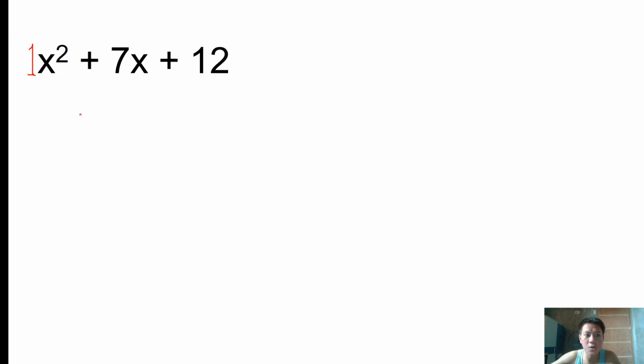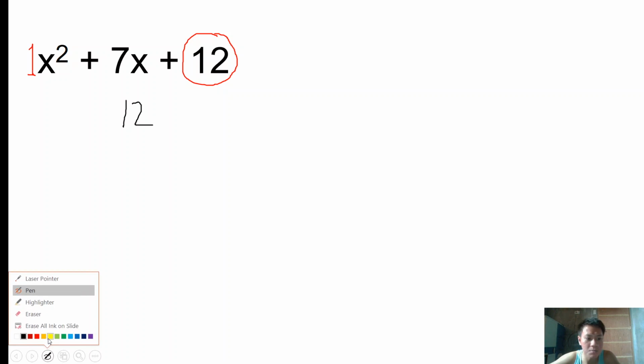So kapag trinomial siya and it is raised into 2, tapos 1 lang yung kanyang leading coefficient, titingnan nyo agad yung kanyang last term. Ang last term niya ay 12. Okay. Iisip ka ngayon ng number na kapag pinag-multiply mo, ang sagot ay 12, at kapag pinag-add mo naman yung dalawang number, ang sagot ay 7, yung kanyang middle.